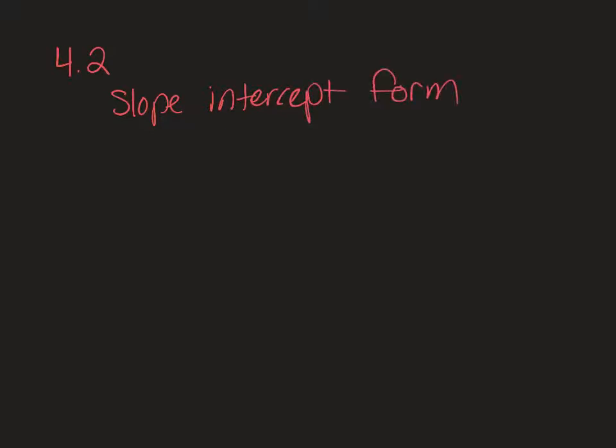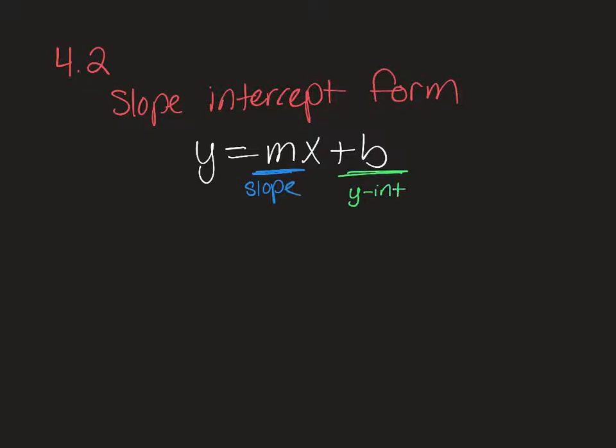Remember that form is y equals mx plus b. So that's an equation that's solved for y, where m is the slope and b is your y-intercept. Remember the y-intercept is going to be where it crosses the y-axis.